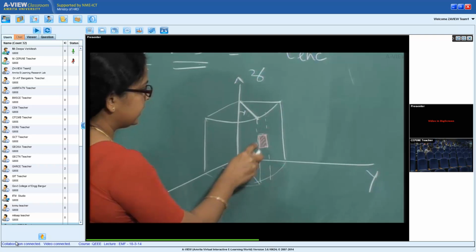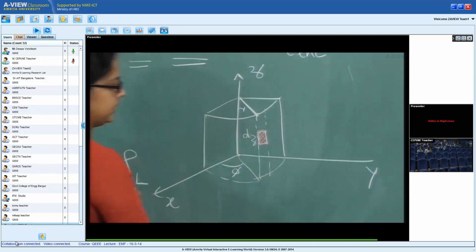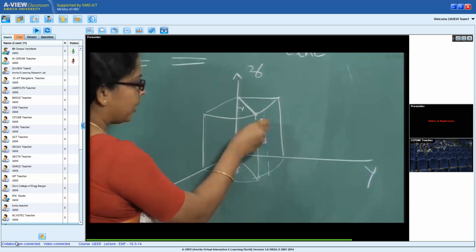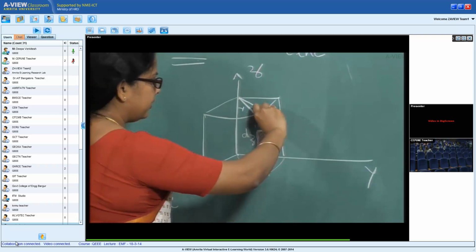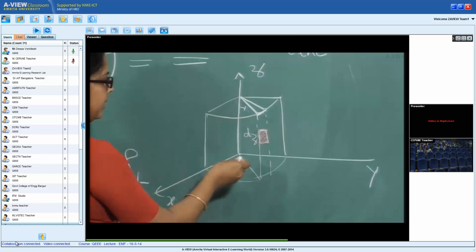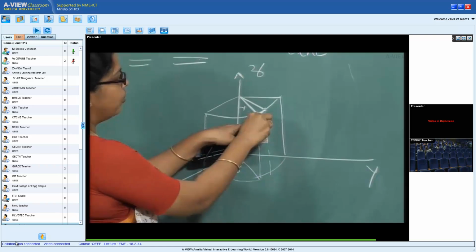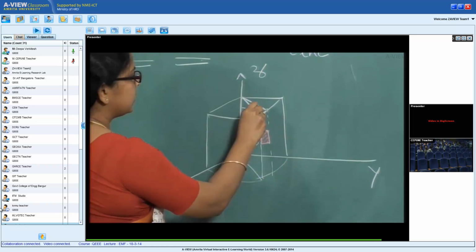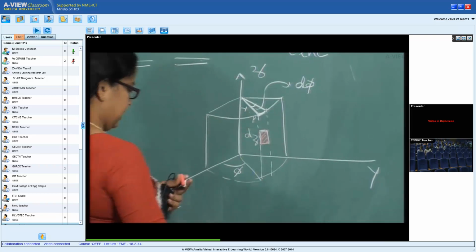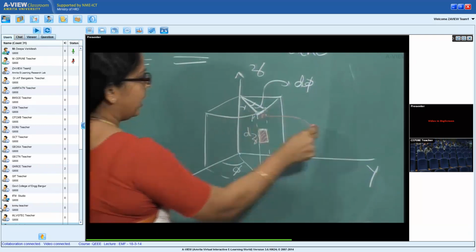Its length is an elemental length along the z axis, so its length is dz. But what about its breadth? That is approximated as this length. And what is this arc length? If I consider the point P here and I am moving along this line through a small angle dphi, then this length is simply the arc length, and that would be r d phi.